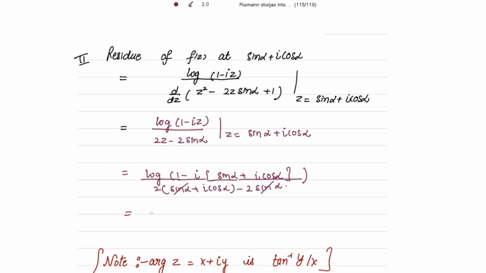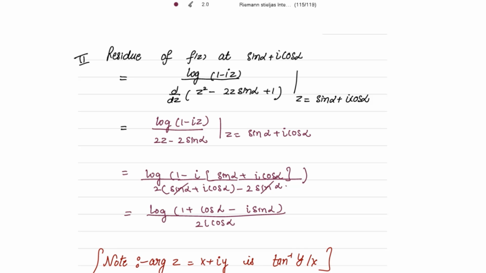So this is equal to log of, if you solve this, 1 minus iota sine alpha, and iota square is negative 1, so plus cos alpha. I'm writing 1 plus cos alpha first and then minus iota sine alpha, the remaining one. And in the denominator I have 2 iota cos alpha.